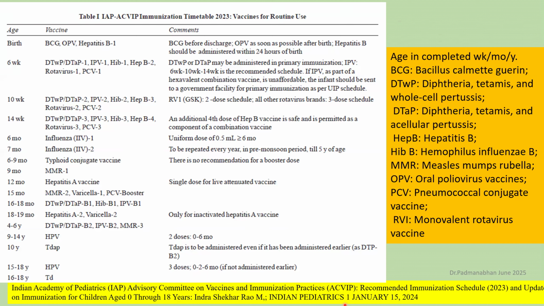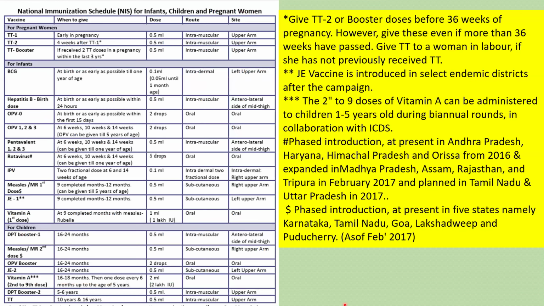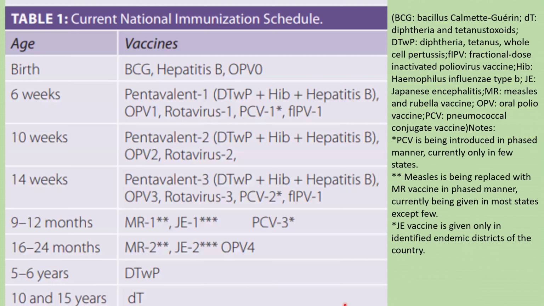Our question is not about going into individual vaccines and asking why the schedule is what it is for a particular vaccine. Now, this is the vaccine schedule in the National Immunization Program. Go and read it from the book itself in a condensed way.